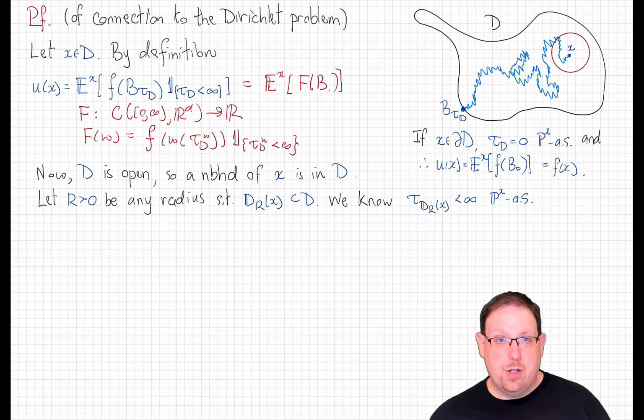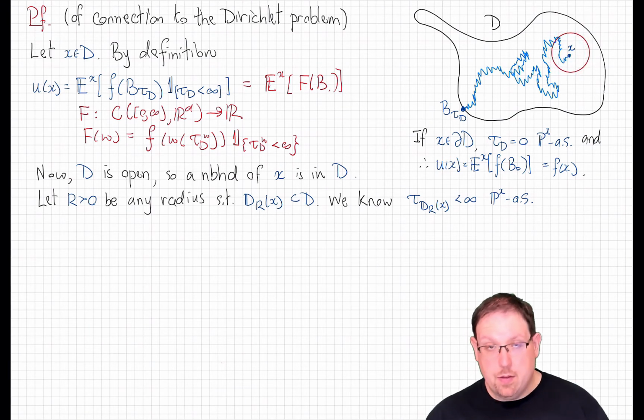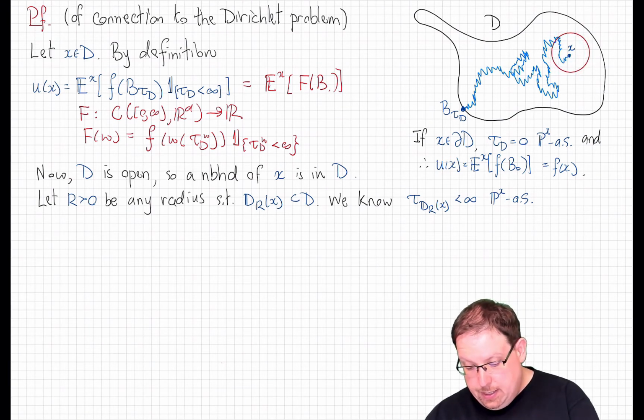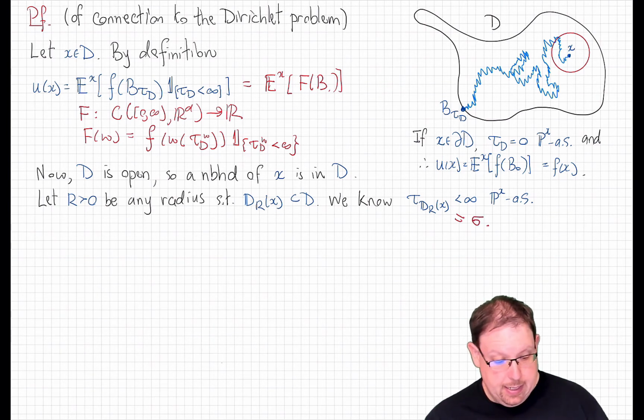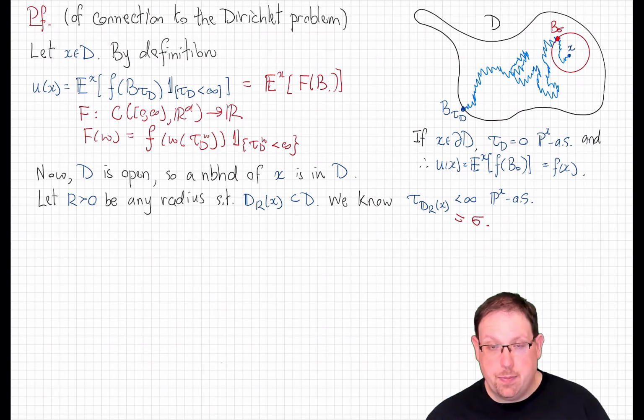Now, from what we showed about the limsup of the modulus of Brownian paths in R^d, we know that the exit time for the Brownian motion from this ball is almost surely finite. For notational ease, let's denote this exit time from that ball of radius r as sigma. So here on this picture, we have the Brownian motion at time sigma over here.